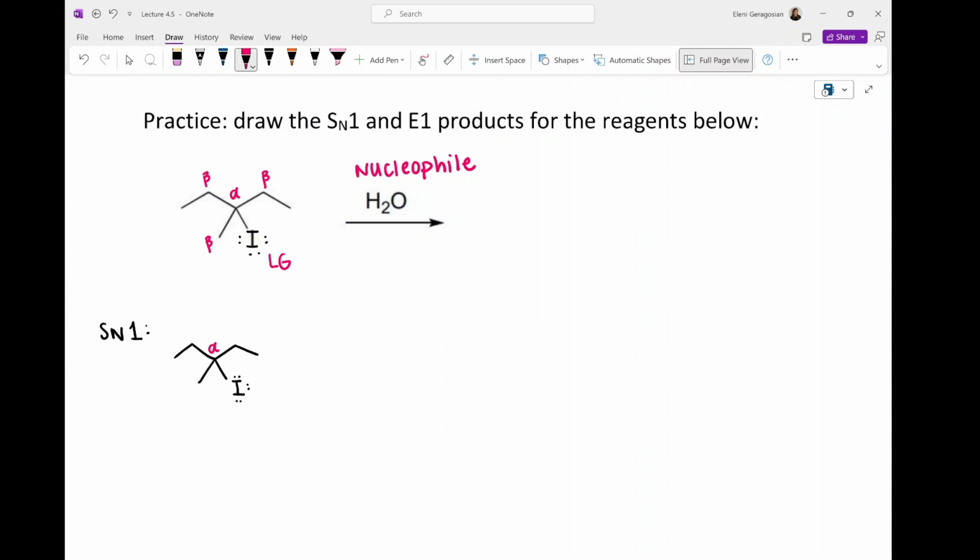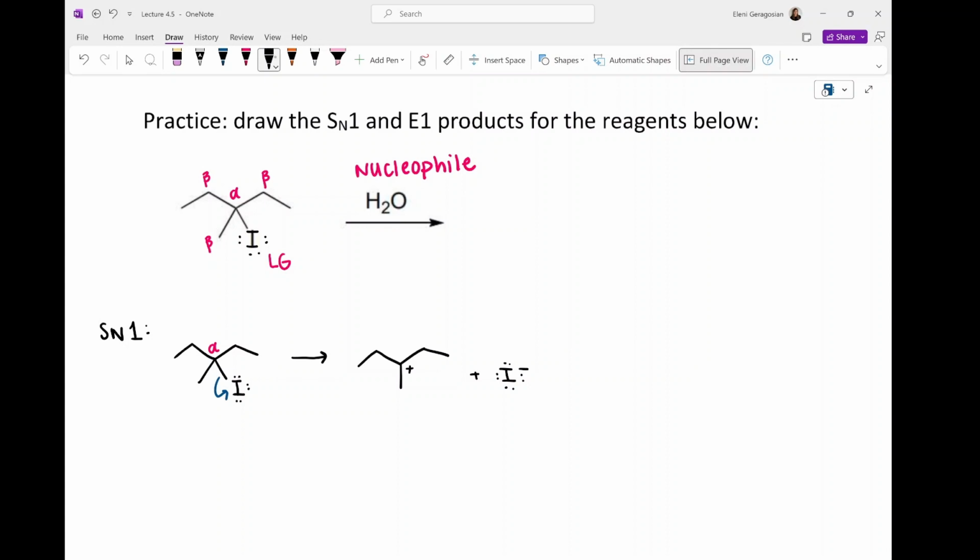In SN1 reactions, first step is for the leaving group to leave, and we form the carbocation. So that's what we'll draw as the first step here. So we form iodide, the anion, and we form that carbocation intermediate.